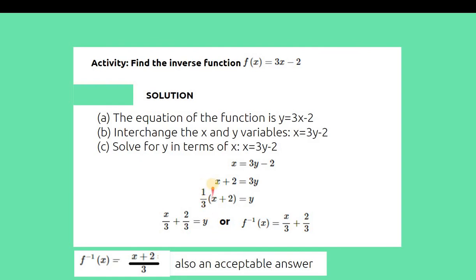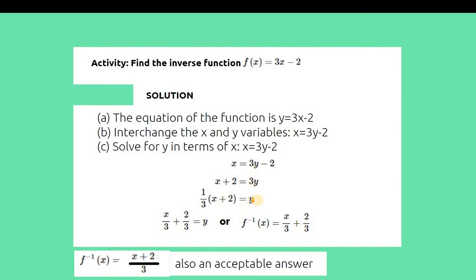Ngayon, itong 1/3, pwede nyong isipin ito as just a guide. Ano? Hindi naman kailangan na nandyan siya. But we are just, again, applying the laws of fraction. So, kaya siya nandyan para may guide ka, no? Kung ano yung gagawin mo. Sabi natin kanina, meron ka ng 3y, no? So, may numerator ka, nalalagyan mo na lang siya ng denominator, no? 3y over 3. So, yun yung nangyari dyan. And then, kinancel out mo na lang siya.